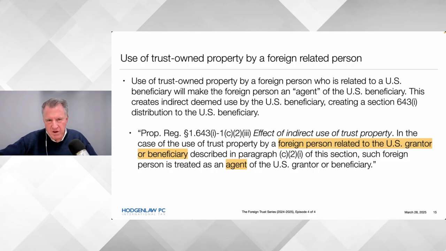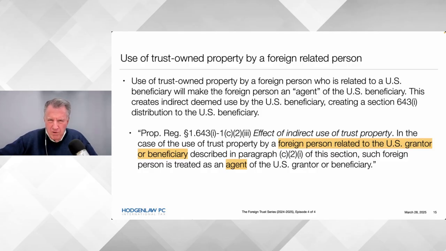So you have a situation where you have two siblings, one of which is a U.S. citizen, one of which is not, and the non-U.S. sibling uses the property. That person is deemed an agent of the U.S. beneficiary, and the U.S. beneficiary has a deemed distribution. There are exceptions in the proposed regs, but you have to prove to the satisfaction of the commissioner there's blah, blah, blah, arm's length and all that sort of stuff.